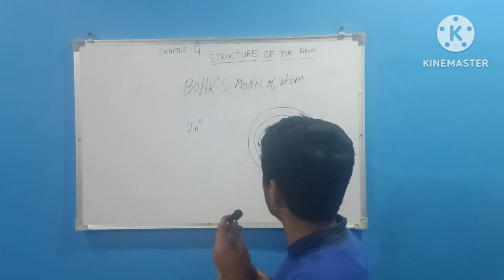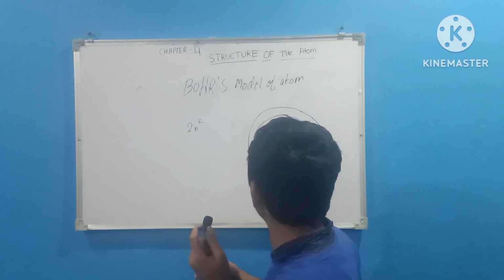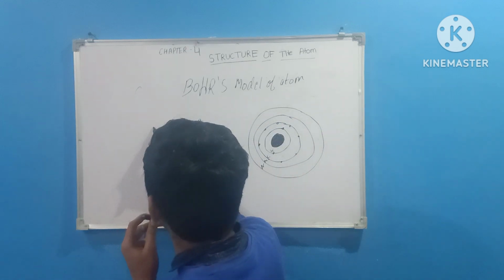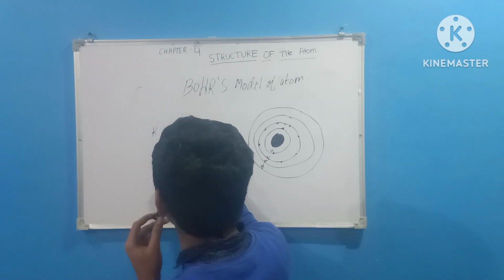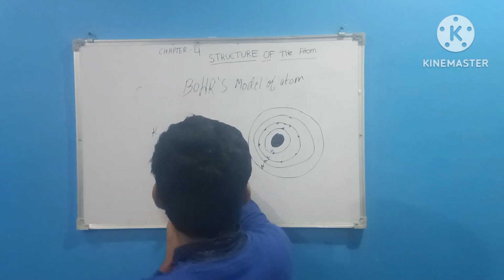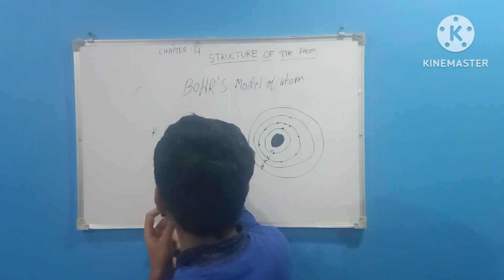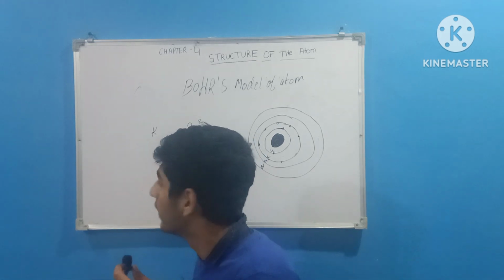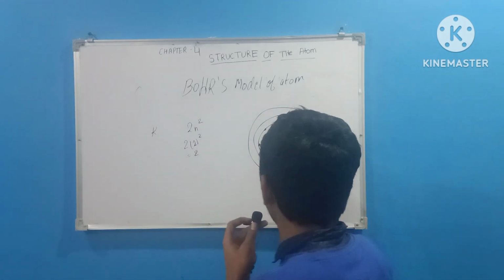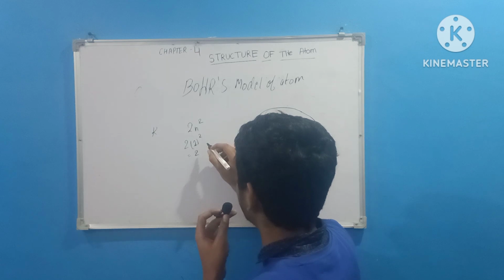Let's suppose we take the K shell. K shell is the number one shell. So 1 square is 1, and 1 into 2 is 2. So the number of electrons is 2. Let's take L. L is the second shell.